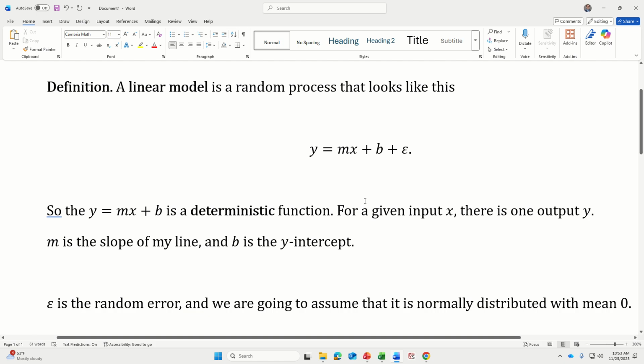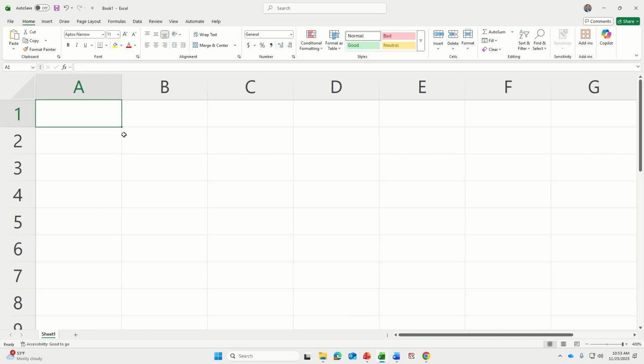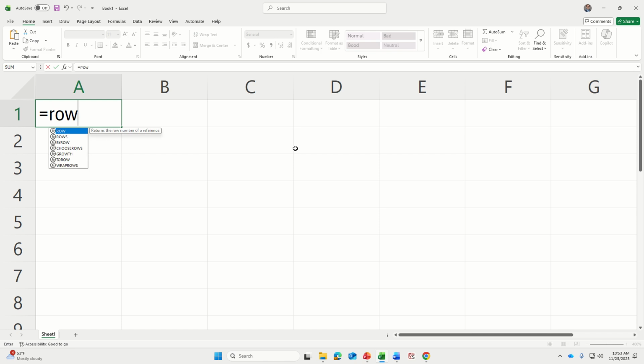What I want to do next is show you what this looks like with an example. For my example, I'm going to come up with a bunch of x values, and maybe my x values are just going to be the numbers 1 through 20.